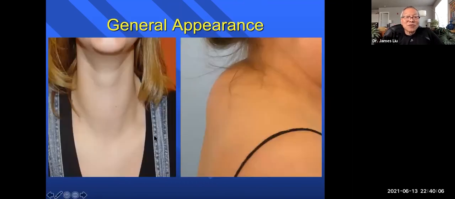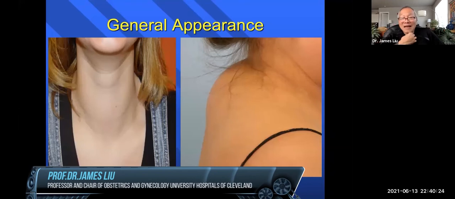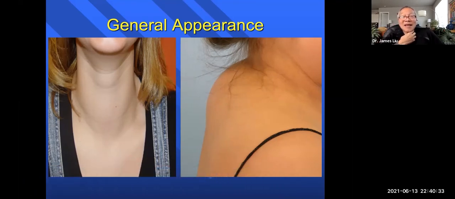So this is an individual with a large thyroid. In fact, one of the newscasters on national TV, someone sent her an email because they noted that she had an unusual protuberance in her neck, and they suggested that she see a physician, and she was found to have hyperthyroidism and an autoimmune thyroiditis component.